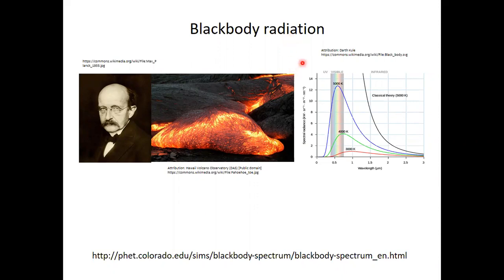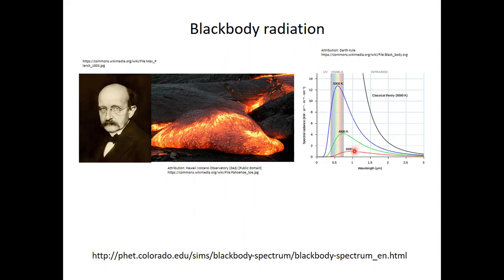And you see here a number of distribution curves for different temperatures. For instance, at 3000 kelvins, there's a distribution of wavelength whereby the maximum is at approximately 1 micrometer.